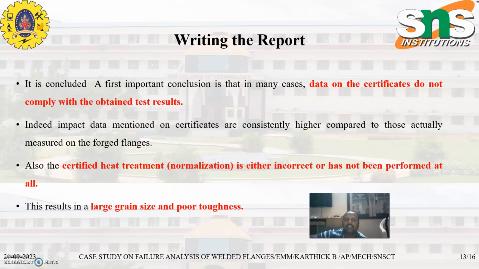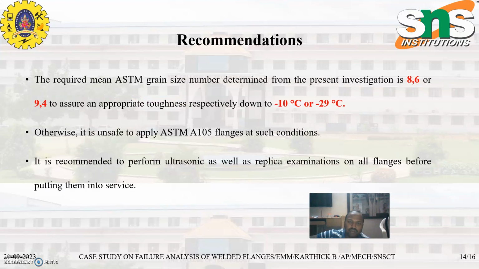It is also concluded that the first information report says that data and certificate do not comply with the test results. So there may be variations between the data collected and the results, and also the heat treatment, that is normalization, was not performed properly. This results in very large grain size and poor toughness. Larger grain sizes will always lead to poor toughness.